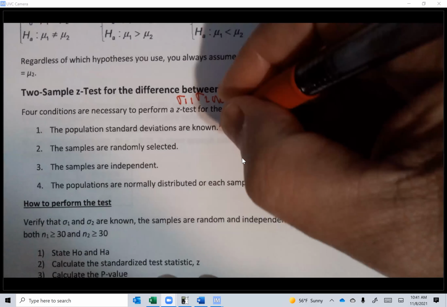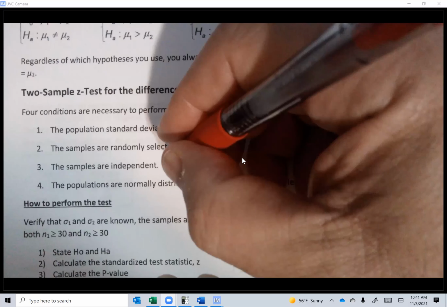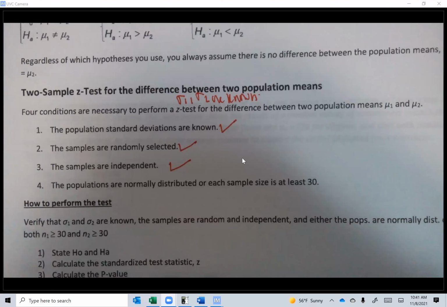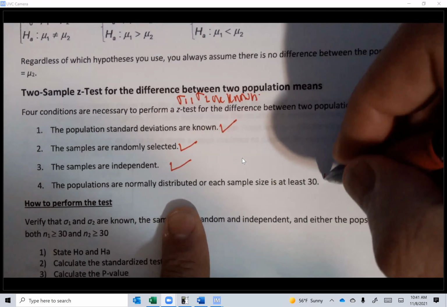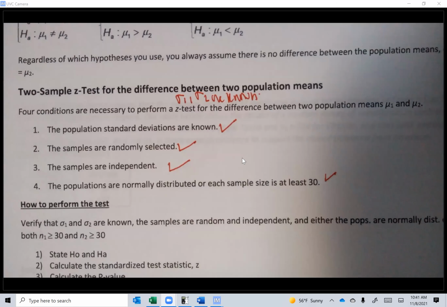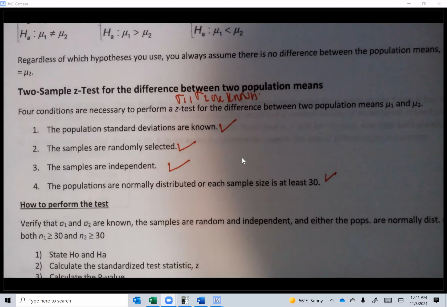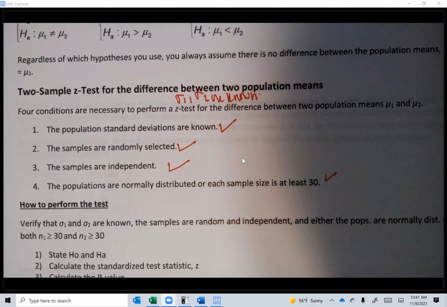The samples must be random, they must be independent, and the populations are normally distributed, or the sample size is more than 30. Remember, guys, from chapter 5, the central limit theorem requires either the sample size to be more than 30 if the population is not bell-shaped, and if the population is bell-shaped, it doesn't matter what the sample size is, it can be anything.